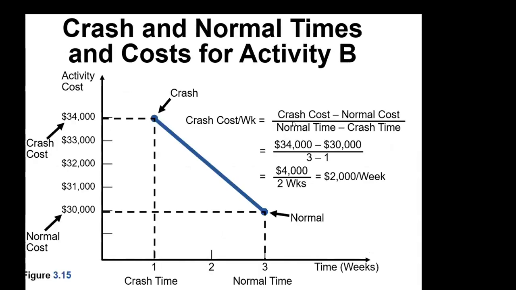So calculating the crash cost, you can see here, if we reduce 2 weeks instead of 1 week, then $34,000 minus $30,000. 34,000 is the crash cost. This is the normal cost. The difference is how much you have to pay to crash.